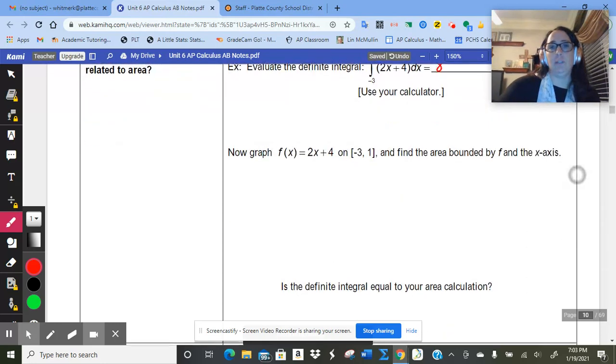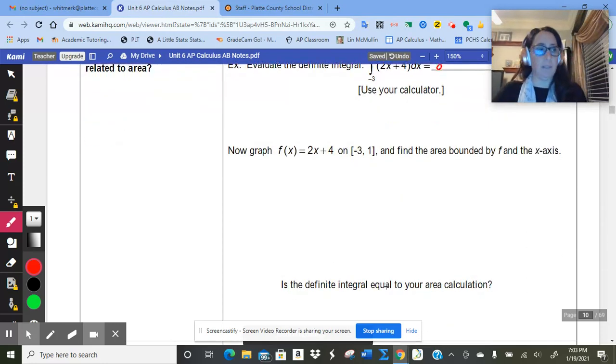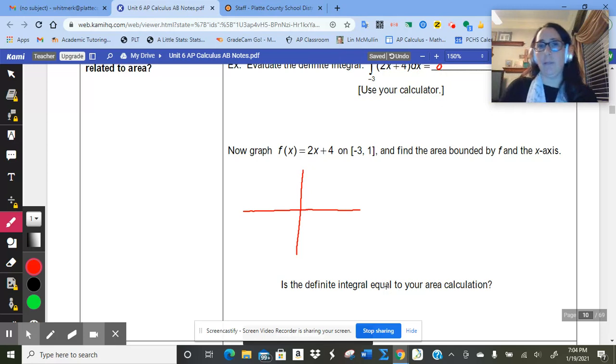So now what I want us to do is to go ahead and graph this function, f of x, only from -3 to 1. So let's see it. At -3, that would be -6 plus 4, which would be -2. And I can see my slope is up 2 over 1.